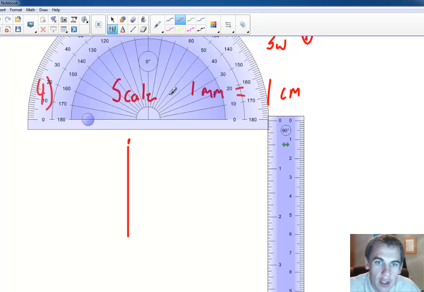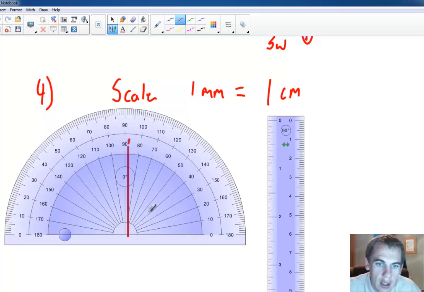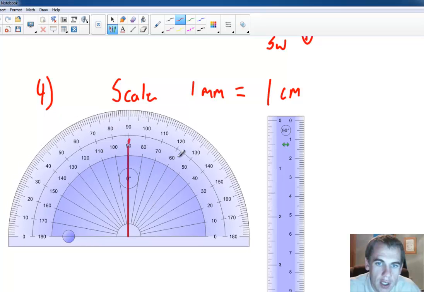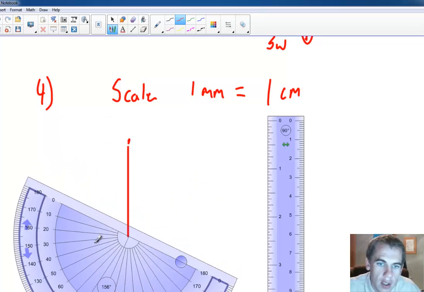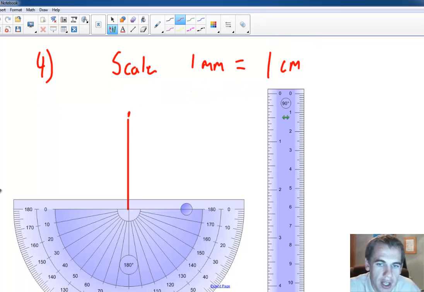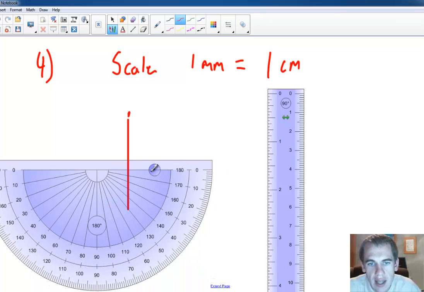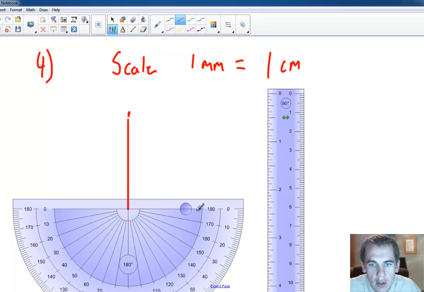Here's my protractor again, but I'm going to rotate it. Now you have to be careful if you do this. You might want to establish 90 degrees first. In fact, I probably ought to do that. Mine snaps, and in real life yours doesn't snap to where it should be.